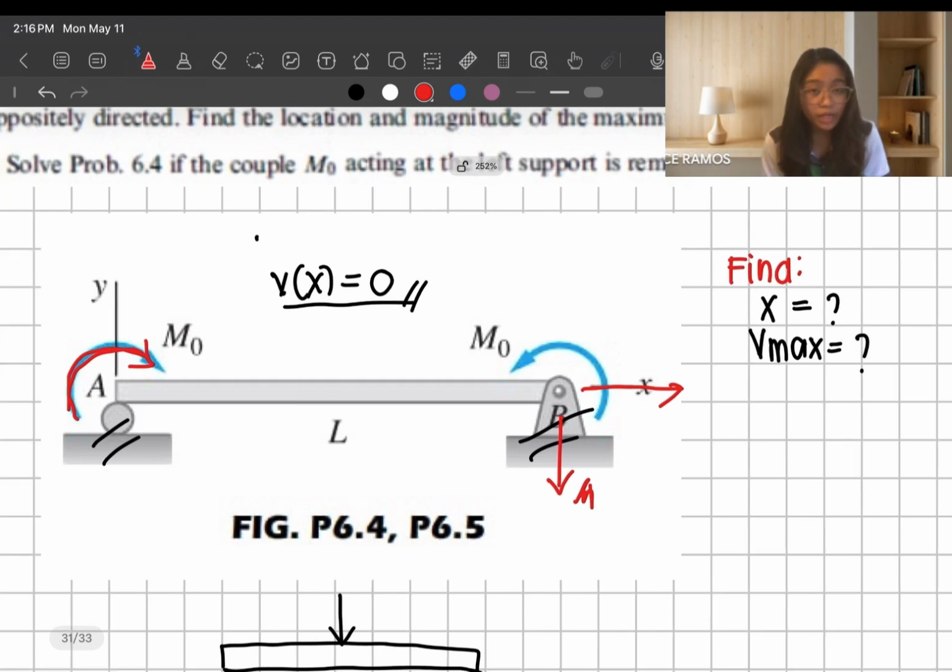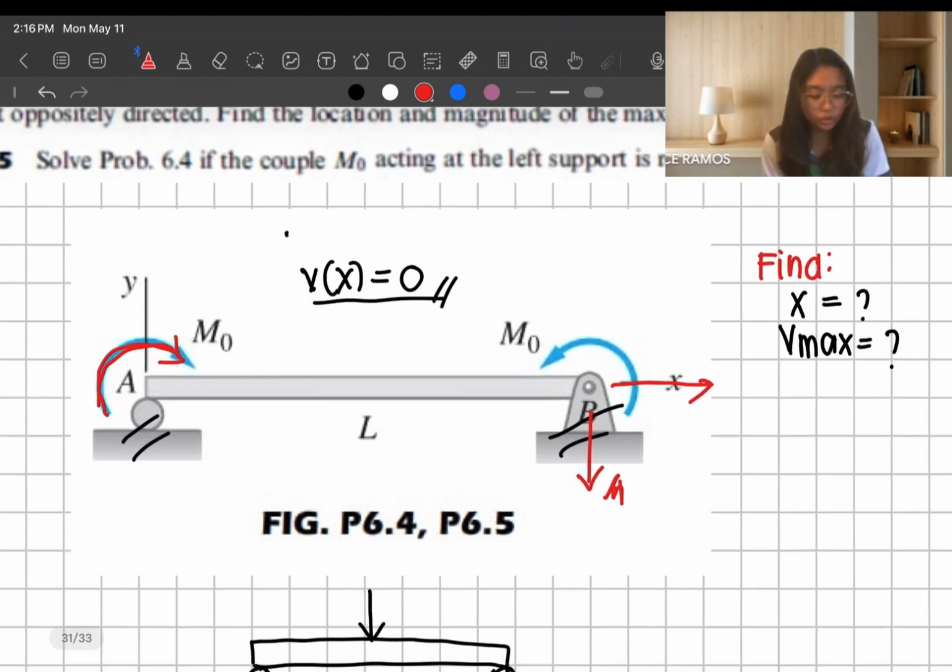So paano siya mababalik sa pagiging equilibrium? So dito na po papasok yung ating dalawang vertical forces. So yung vertical forces natin is kailangan mag-resist or mag-oppose dito sa ating applied counterclockwise moment. Ibig sabihin, yung direction po ng ating vertical forces is kailangan na clockwise.